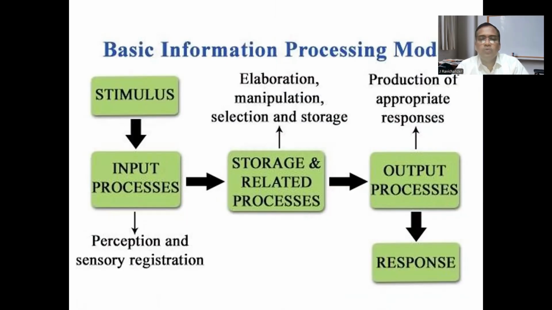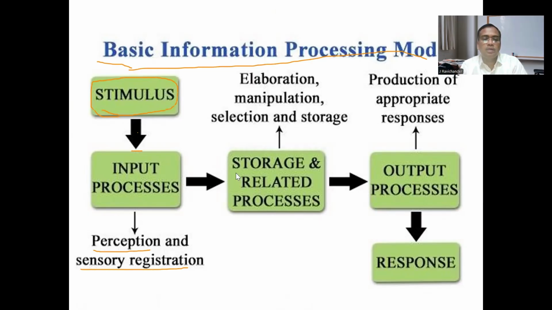Here is how our brain processes the information, the basic information processing model. It takes some stimulus, such as a red signal in traffic. Then it takes the input and processes it through perception and sensory registration.